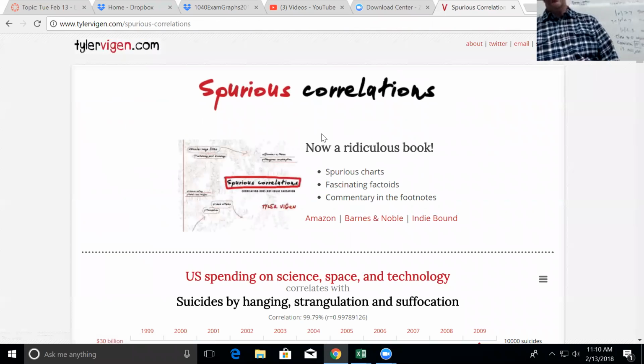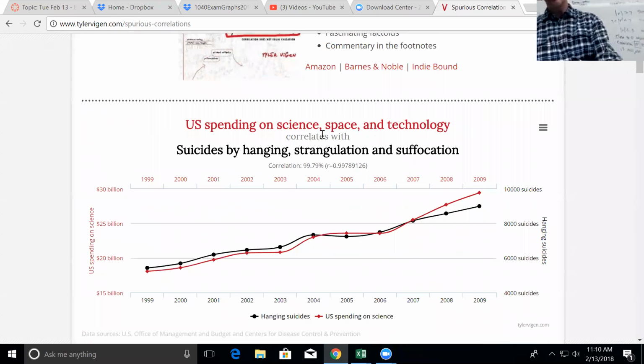Now, these are some examples of nonlinear correlations, but what I love about this is these seem to show really strong correlations. Do you think that US spending on science, space, and technology is related to suicides by hanging, strangulation, and suffocation? The more you study science, the more you want to kill yourself. Is that how it works?